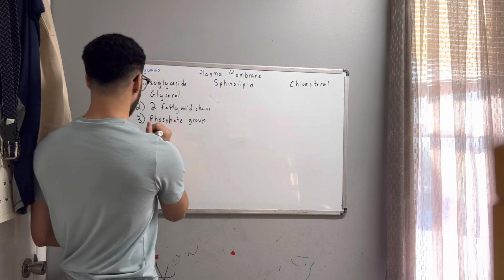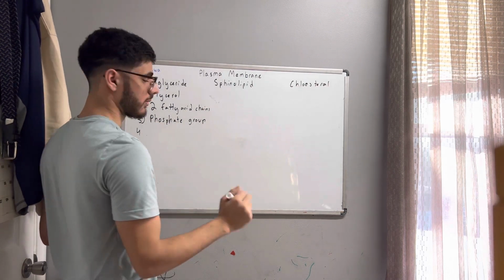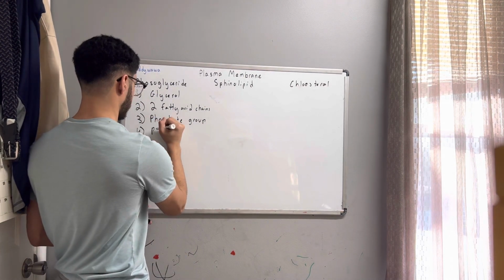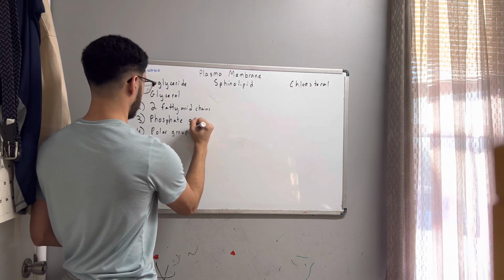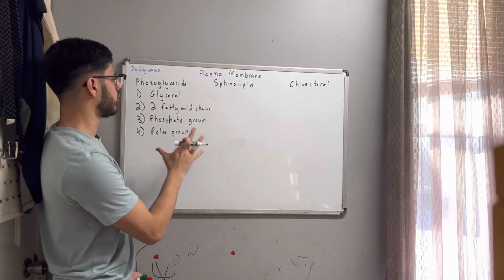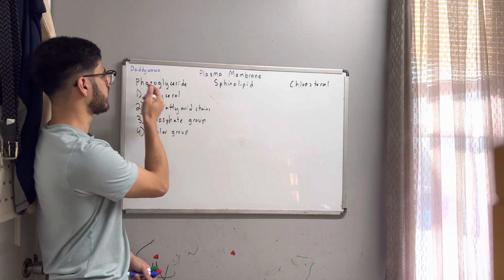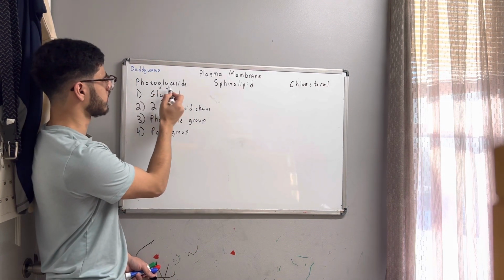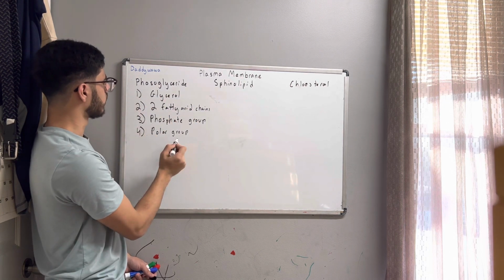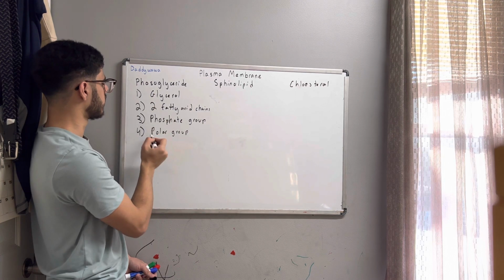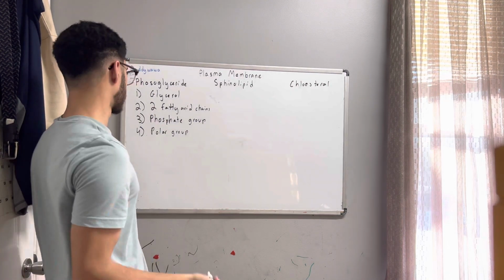And the last one is a polar group. It's easy to remember: glycerol, two fatty acid chains, phosphate group, polar group. There are a lot of P's in here, P for polar group.